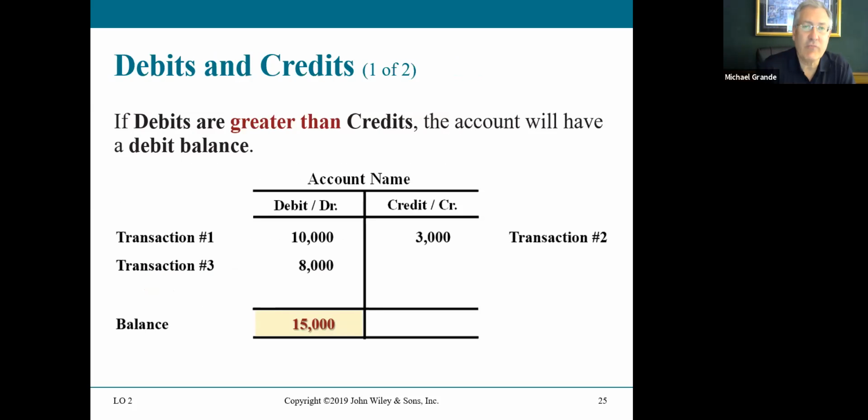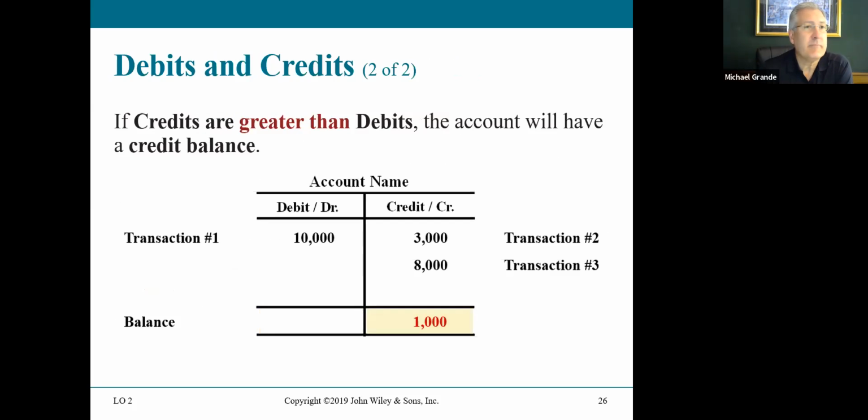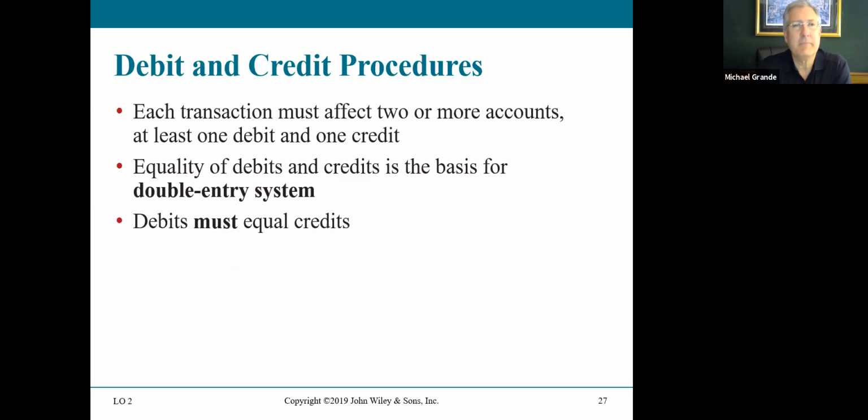If debits are greater than credits, the account will have a debit balance. So again, you can see the T account has a name on the top of it. The left side is always the debit. The right side is always the credit. And we will be posting transactions. If credits are greater than debits, the account will have a credit balance. But we'll see that later.